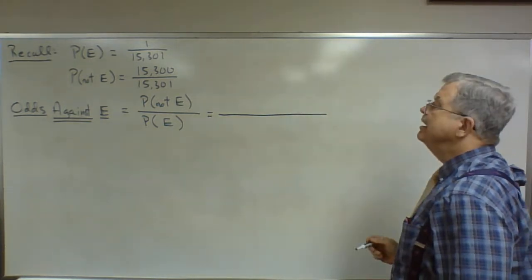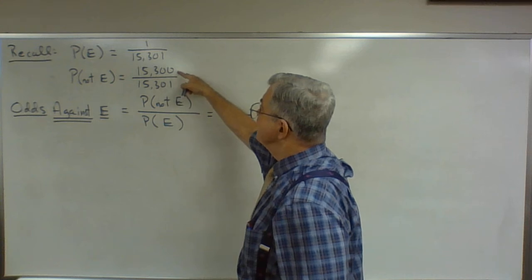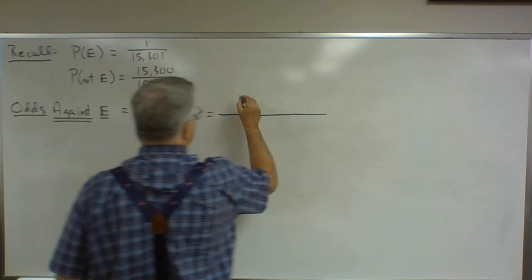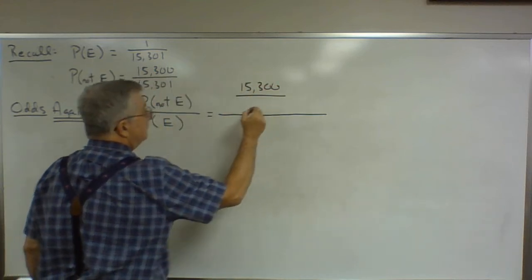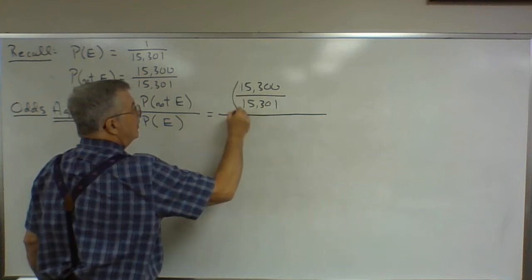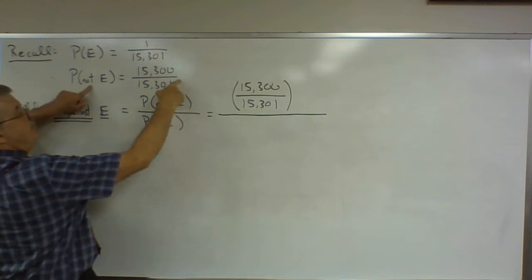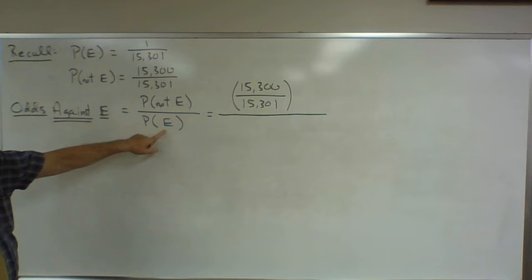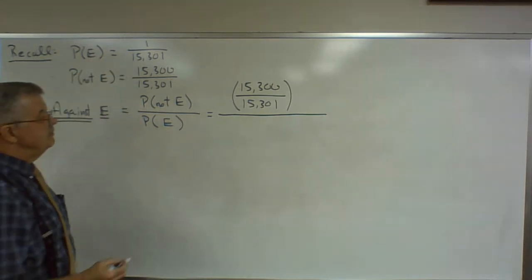Okay, probability of not E, 15,300 over 15,301. That's the probability of not E. The probability of E, 1 over 15,301.